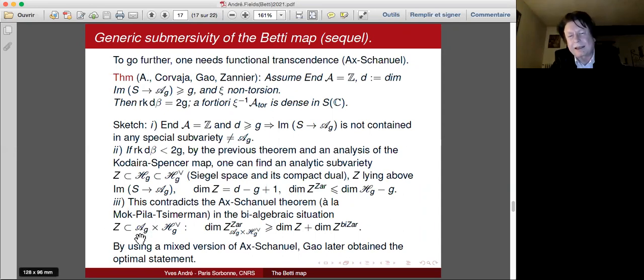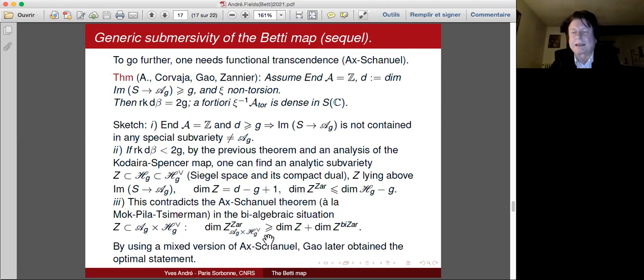One can see Z as a subvariety not only of H_g, but of the product A_g and H_g check, which are both algebraic varieties, but Z is analytic.